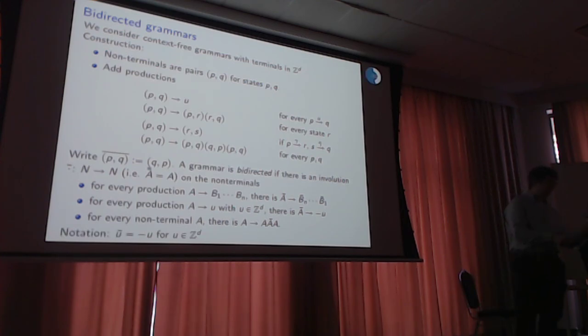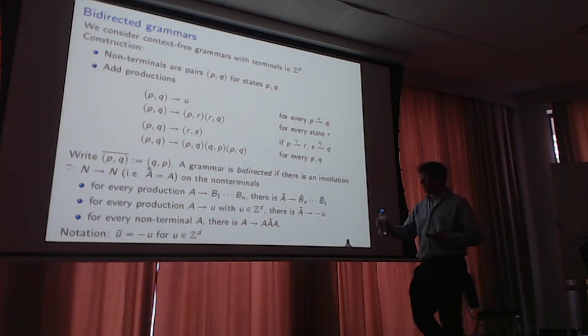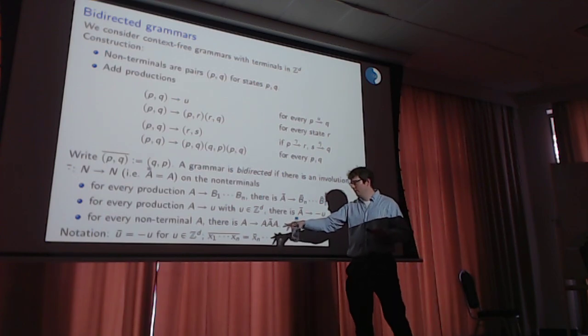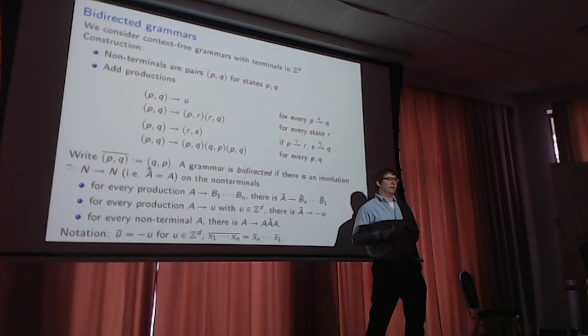So let's see how to do this. Just for notation, whenever we now have a sequence, we say the bar version of it is just the obvious thing. You just reverse and flip all the letters.